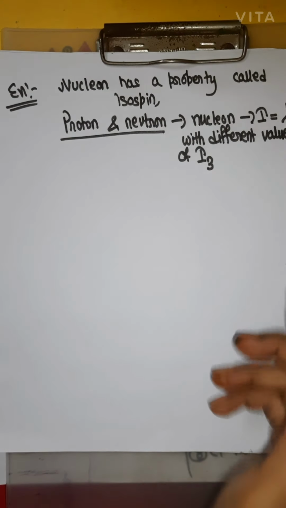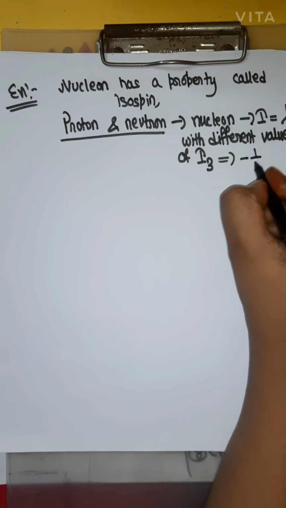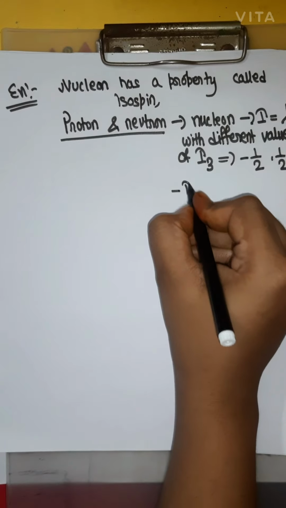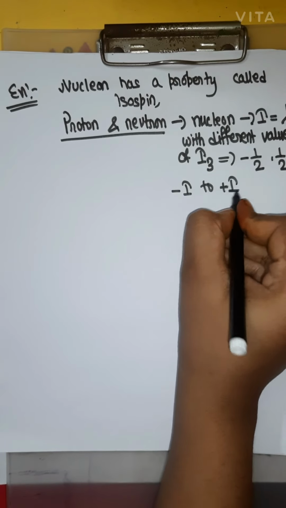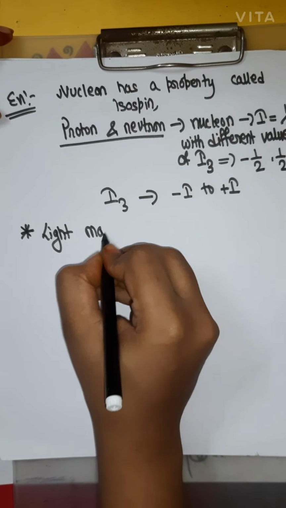So both have isospin half. The third component of isospin will be minus half and plus half, that is minus I to plus I, that is I3.